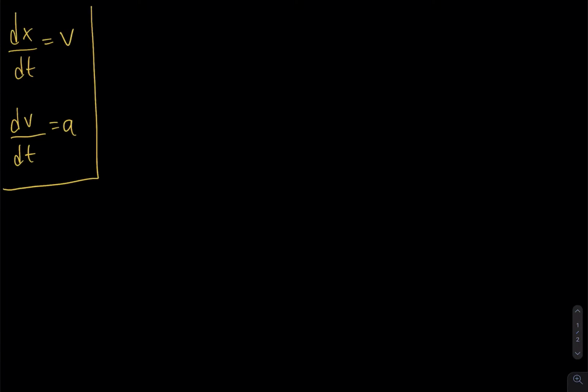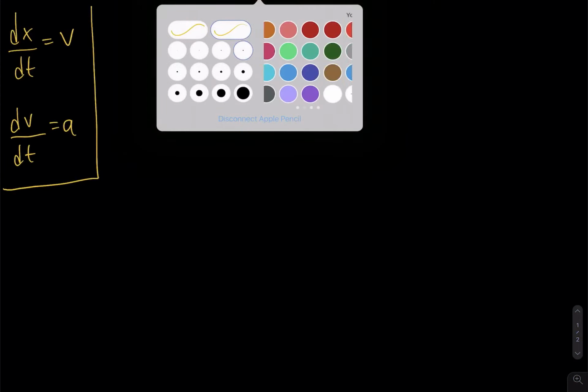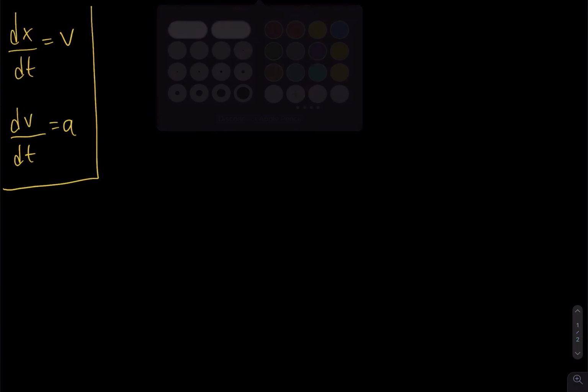So for starters, just for reference, we have already said that the derivative of x with respect to time is our velocity, and the derivative of velocity with respect to time is our acceleration. And we said that the kinematics are for constant acceleration only.